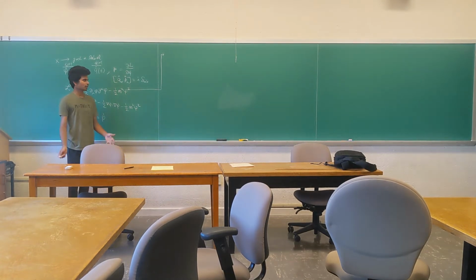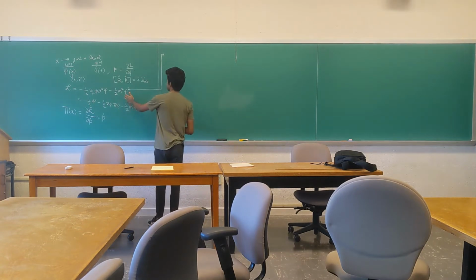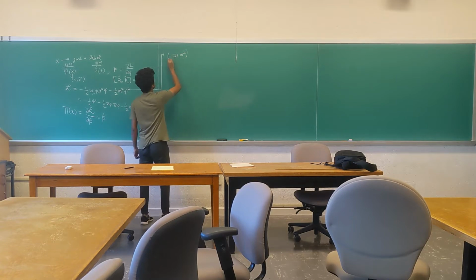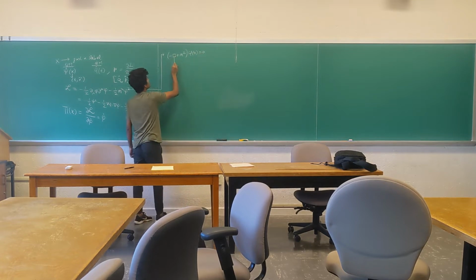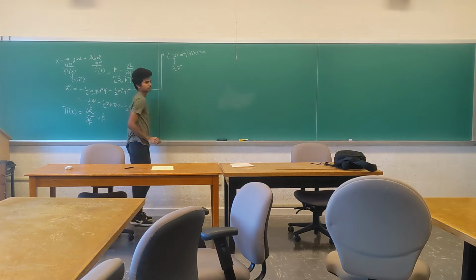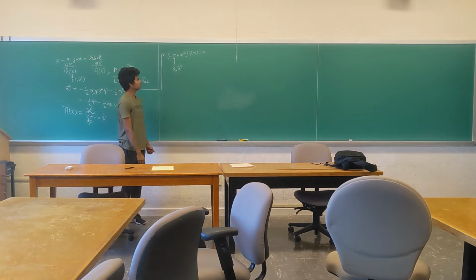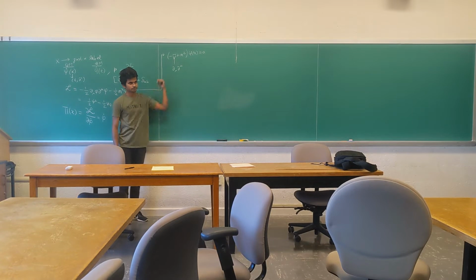I leave it as an exercise for you to figure out that the equation of motion corresponding to this is the Klein-Gordon equation. So now let's try to solve this equation.